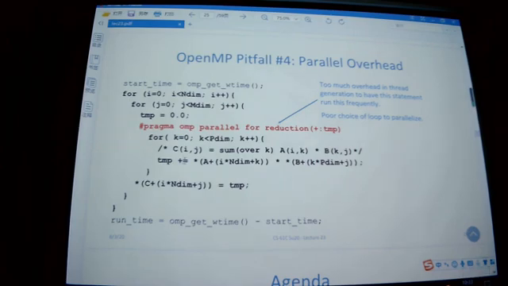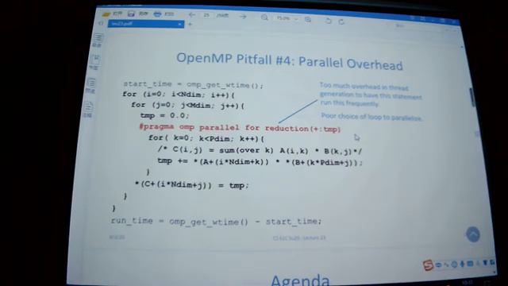There is too much overhead in thread generation to have this statement run this frequently. It is a poor choice of loop to parallelize. The red statement uses the temp variable.